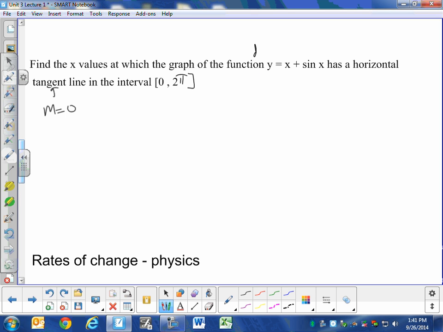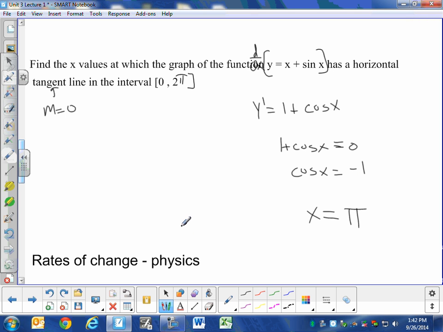I would find the derivative to find my tangent slope generator. y prime is equal to 1 plus cos x. I'm going to figure out when that is equal to 0. Well, for this, we need to isolate cosine and then solve for x. When is cosine negative 1? When x equals pi. So, right there.